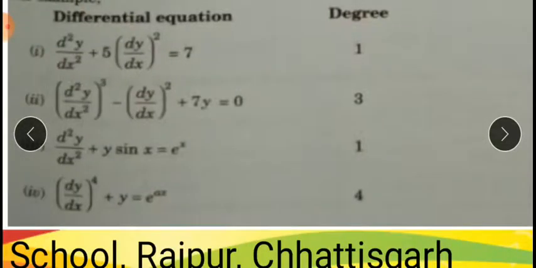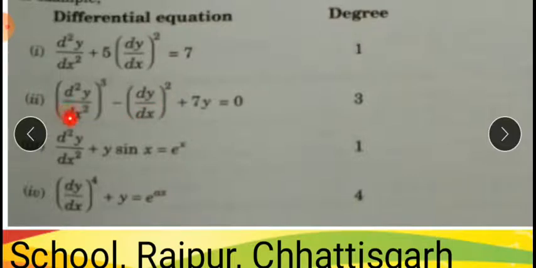Refer to the second example, d2y by dx2 whole power 3 minus dy by dx whole square plus 7y is equal to 0. First, what is the highest order? This is d2y by dx2, which is the highest order. This is only dy by dx, which is first order, but this is second order.